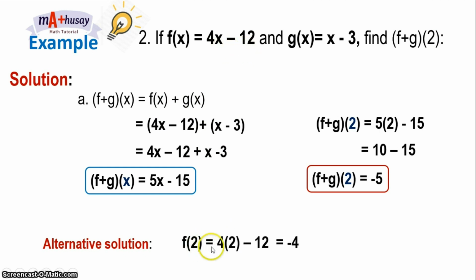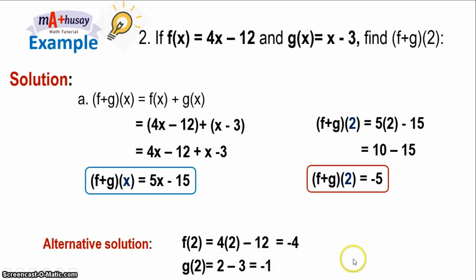So, kung ang x natin ay equal to 2, we have f of 2 equals 4 times 2 minus 12. So, 8 minus 12 is negative 4, right? So, ang f of x natin is negative 4. Now, let's evaluate g of x. G of x at 2 is equal to 2 minus 3.